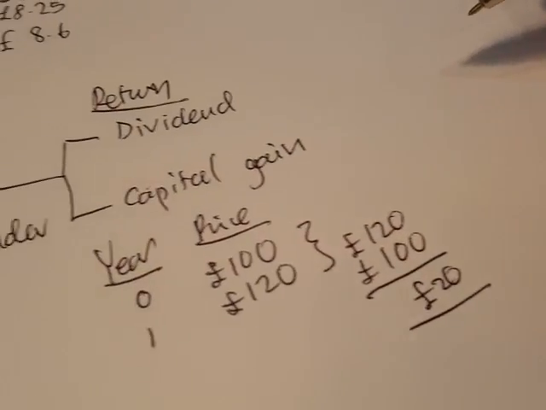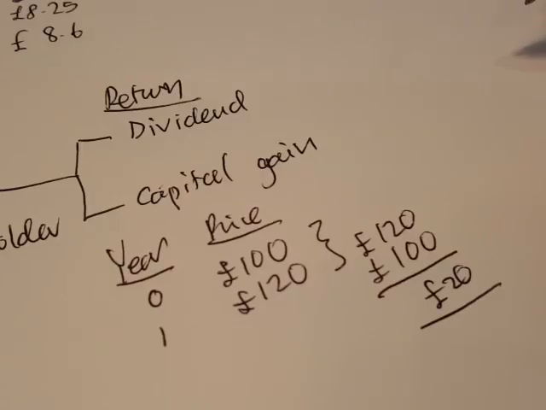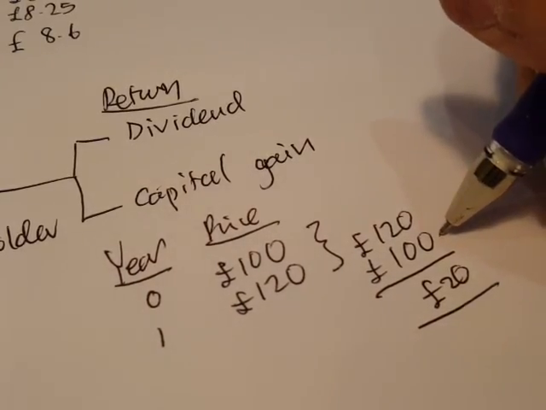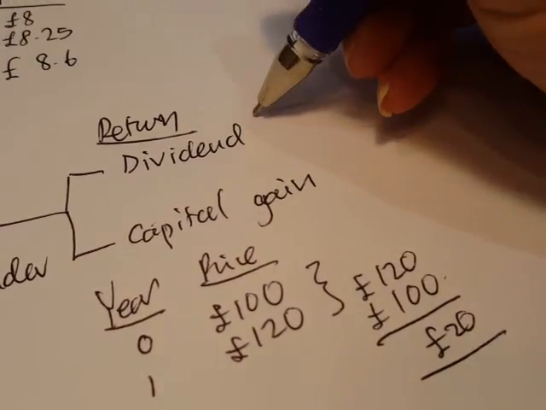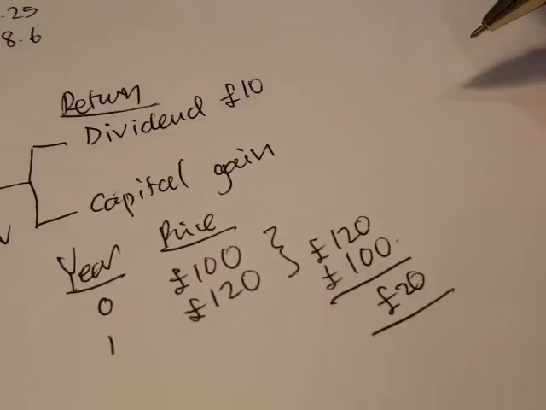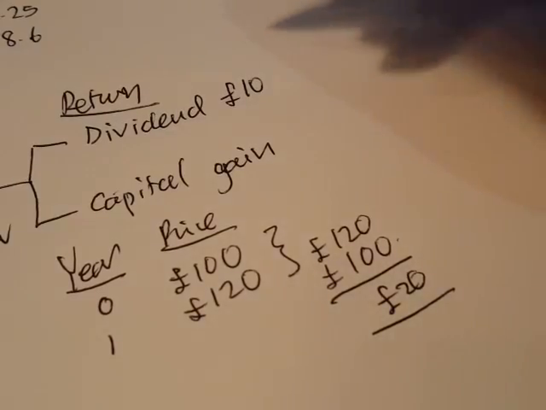This is what we call the capital gain. So this is his original investment. If he also earns a dividend of £10, then what is the total return he received? It will be these two.